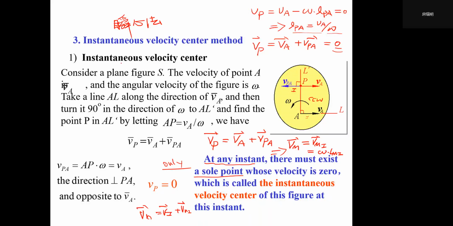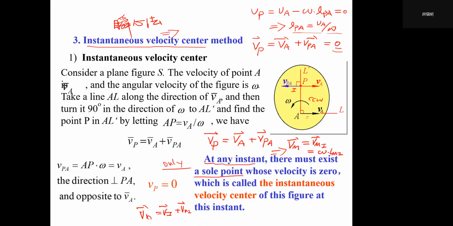If we try to use this instantaneous velocity center, we should find a method to find its position, right? If we can find that point, then the absolute velocity, direction, and magnitude of any other point on this same figure will be very easily found. Just use omega times the length between these 2 points, right?